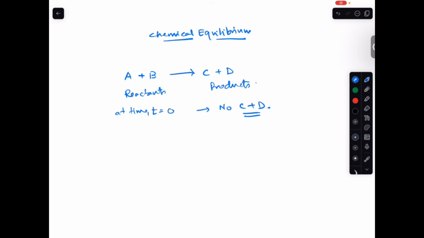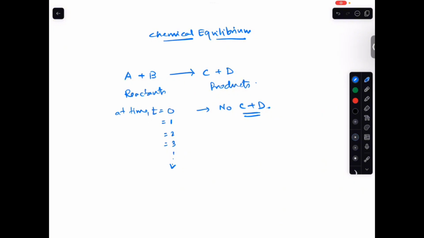Okay. So let's say we check as the time progresses. So we go to 1 second, 2 seconds, 3 seconds, 4 seconds. What do you think is going to happen? Are the reactants going to be consumed and products going to be formed? Okay. So what we're monitoring is as the seconds go by. So 1, 2, 3.